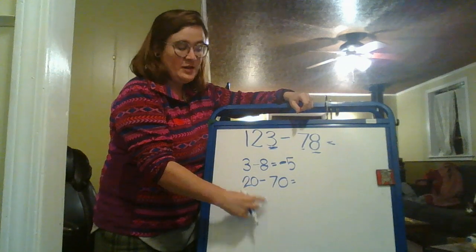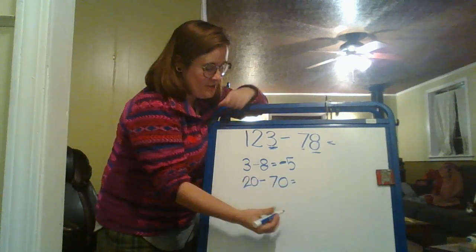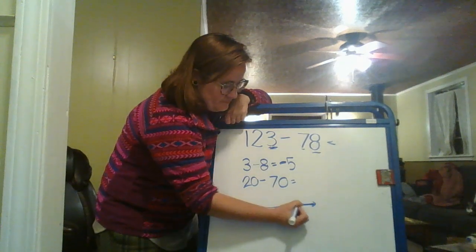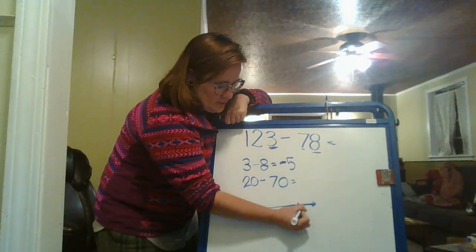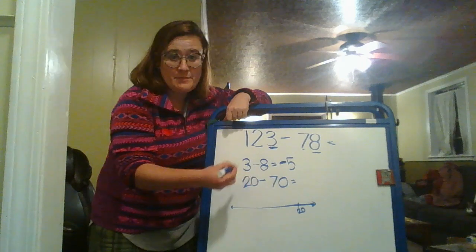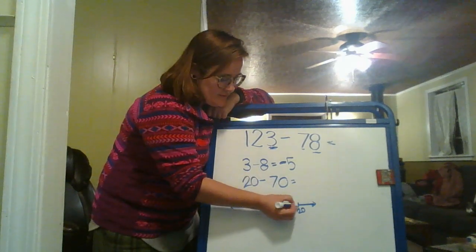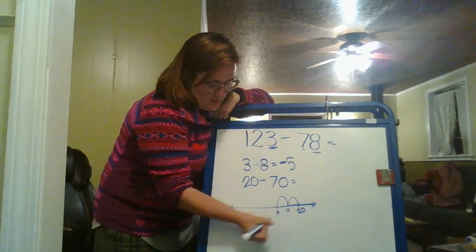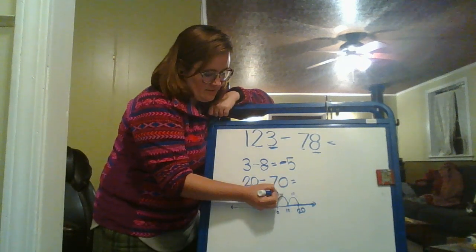We have a smaller number minus a larger number. Think about it on a number line. Here's 20. Need to jump back 70, so I'm going to count by tens. 10, 0. Okay, I've taken away 10, 20.